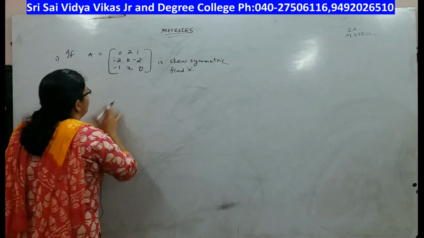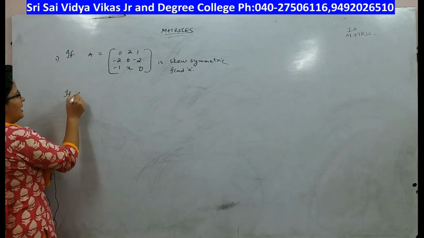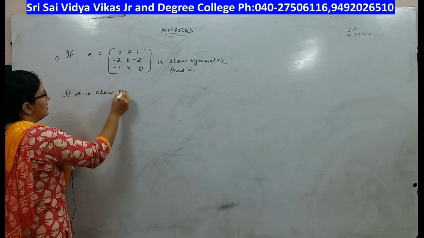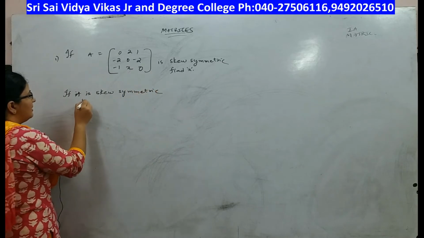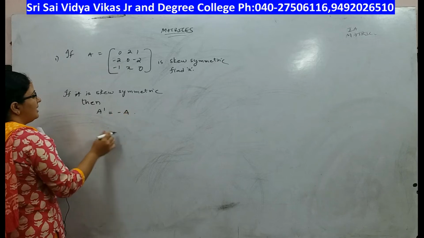Given that this matrix is a skew symmetric matrix, if A is skew symmetric, then A transpose is equal to minus A.